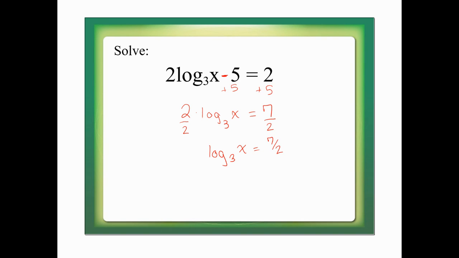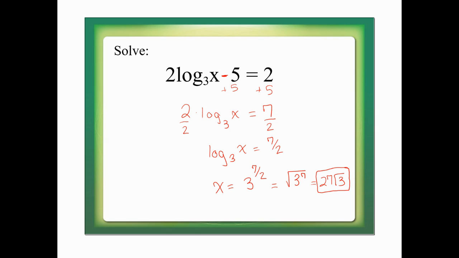Don't be afraid of a fraction. Then we're going to rewrite this to be that x equals 3 to the 7 over 2 power, which we know to be the square root of 3 to the 7th. As an exact answer, remember 2 goes into 7, excuse me, 3 times. So this is the same as saying 3 to the 3rd, which is 27, times the square root of 3.